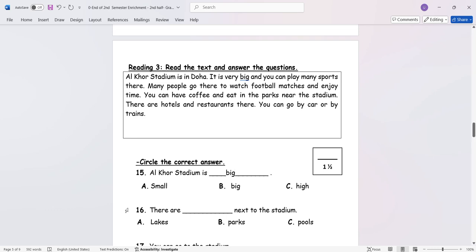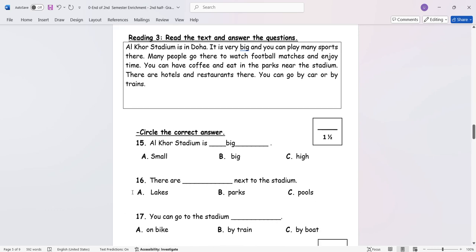Okay, we move to question 16. There are next to the stadium. What are there next to the stadium? Also, we go back to the text to check the answer. There are A, lakes, B, parks, C, pools. Okay, we check the text again.